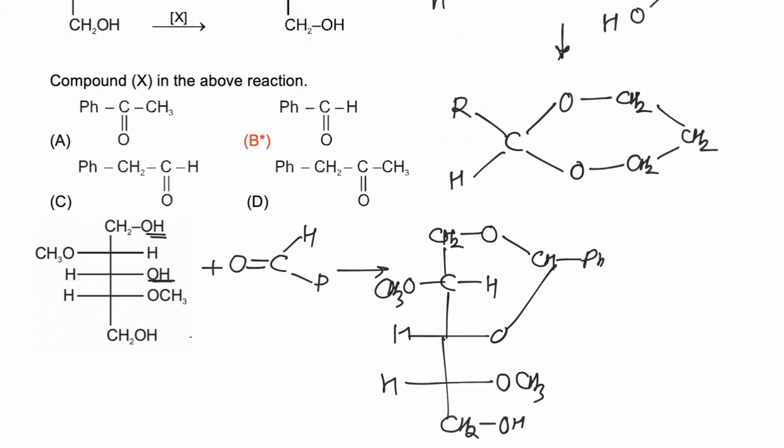So during hemiacetal formation, 5 and 6 membered rings are preferred. So in this case a 5 membered product is formed and hence the correct answer is B.